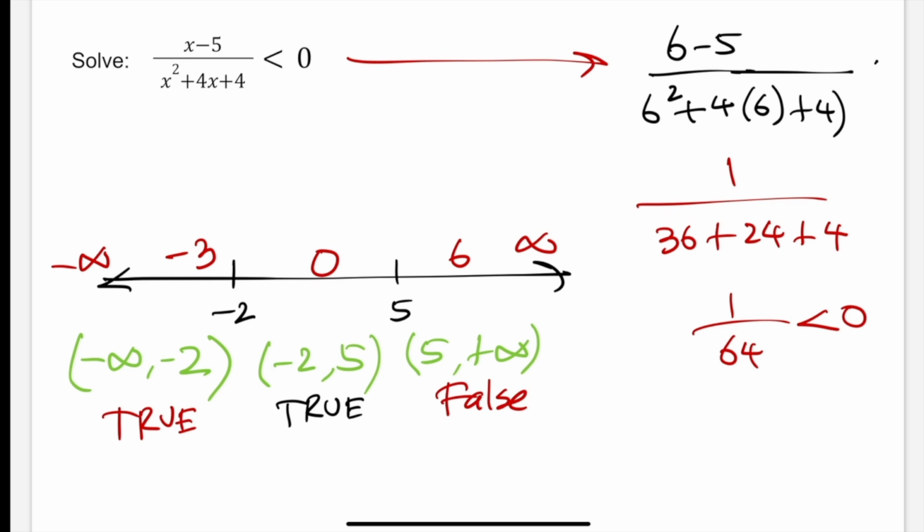Therefore, my answer, and this is going to be a tricky one, guys, okay? Because remember, these two are true. People will make a mistake saying, oh, so my final answer is all the way from negative infinity to 5. Be careful.